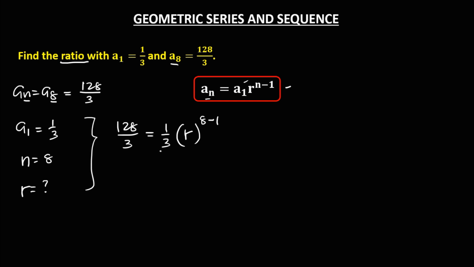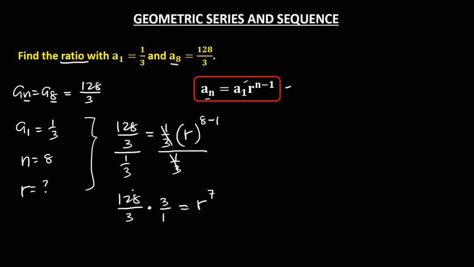Then to solve for r, divide both sides by 1 over 3. 1 over 3 cancel. When dividing a fraction, this becomes 128 over 3 times the reciprocal of 1 over 3, that's 3 over 1, equals r to the power 7.